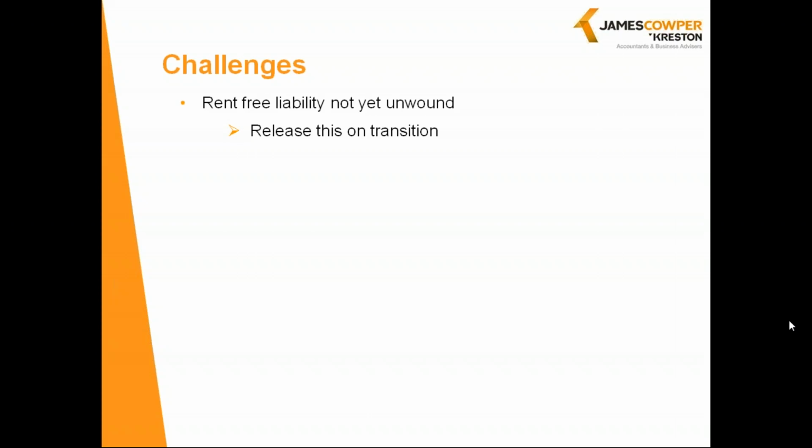How you unwind this, or how you deal with this, IFRS 16 doesn't really address, and we are expecting something to come to light in the next annual improvement cycle. But essentially, our view is that you would unwind your creditor on application of the new standard and just look at what payments you would need to make going forwards.